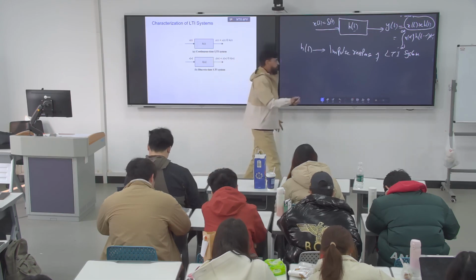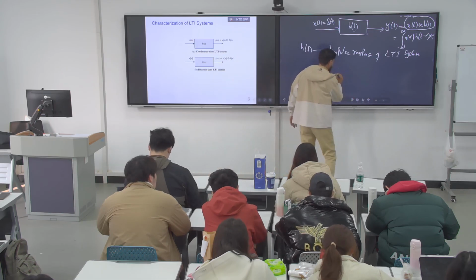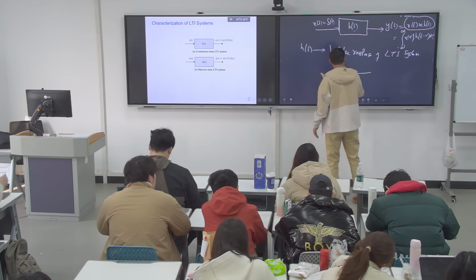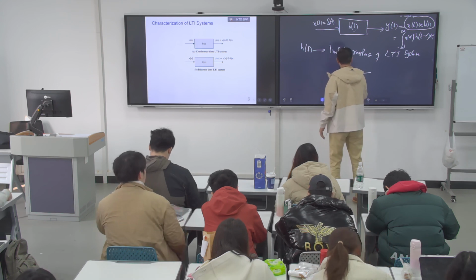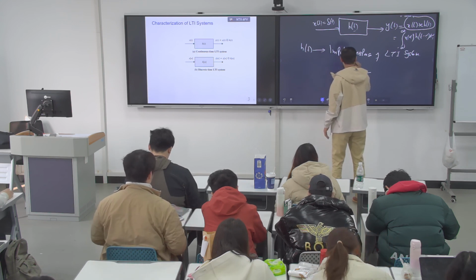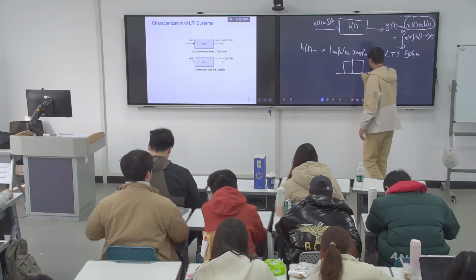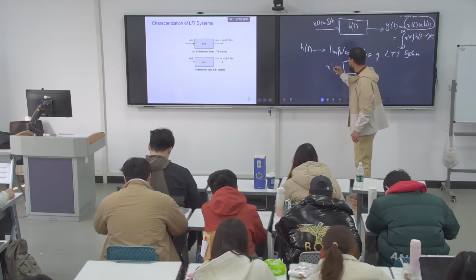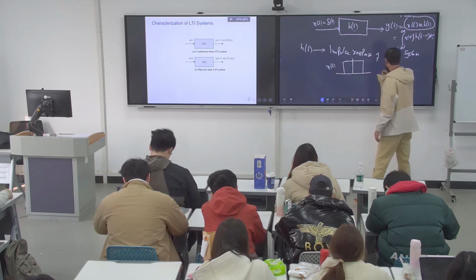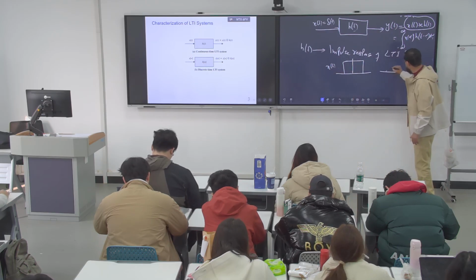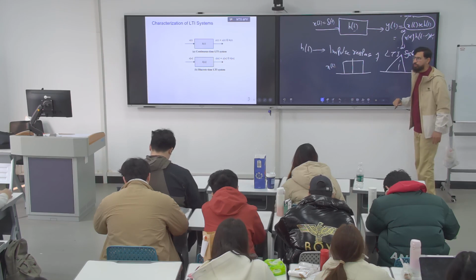Let's say I have this signal, and this is x of t. Then I have another signal which is this, and this is h of t, the impulse response.